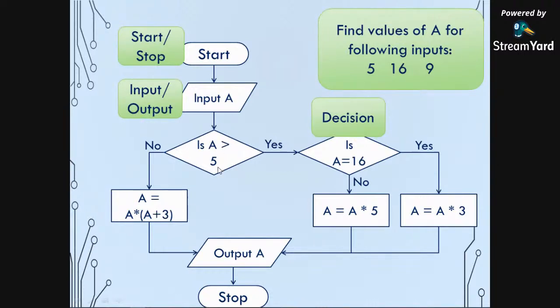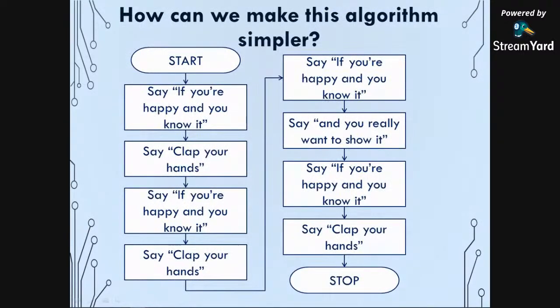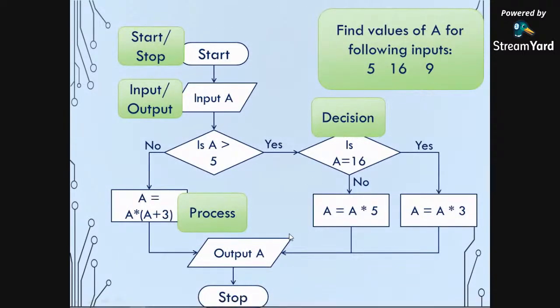Is A more than 5? We've got our process, which is please do this. And then it's got your output, which is the same parallelogram shape as the input. And obviously you've got your stop at the bottom here.